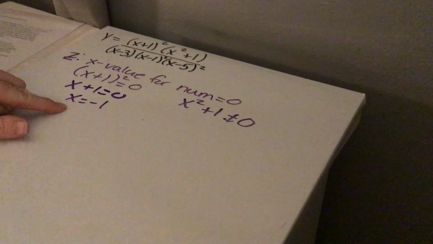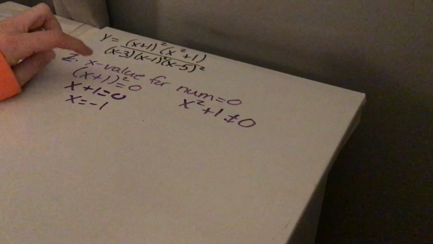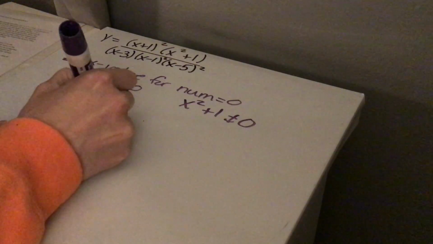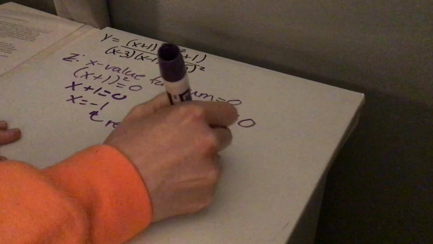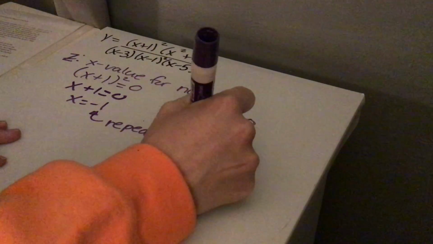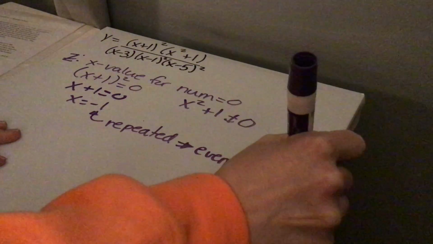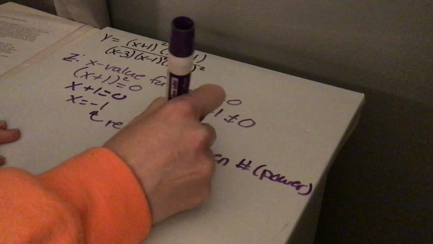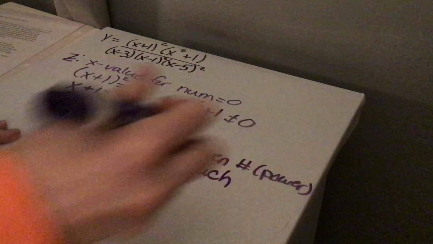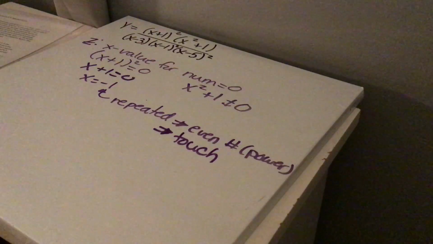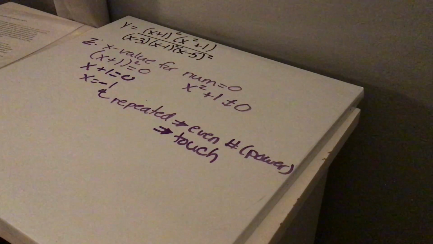But we say it's a repeated 0 because it was in there x plus 1 squared times. And it's repeated an even number of times, because that's our power. Then that tells us that it's not going to cross the x-axis at negative 1. It's going to touch the x-axis at negative 1.